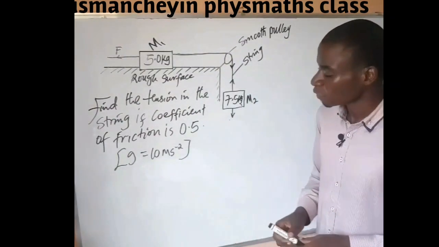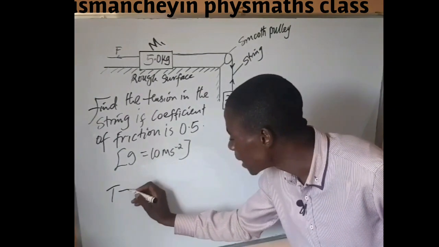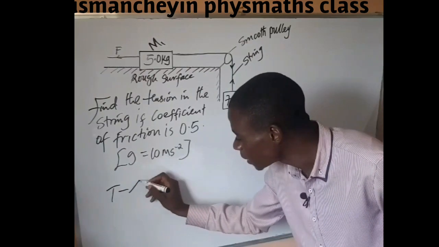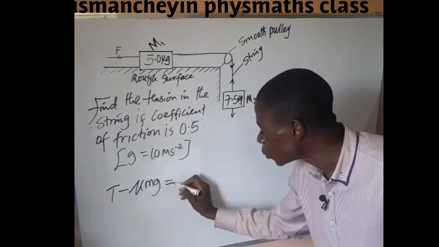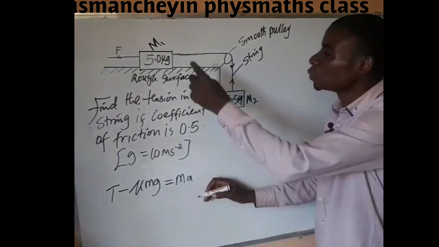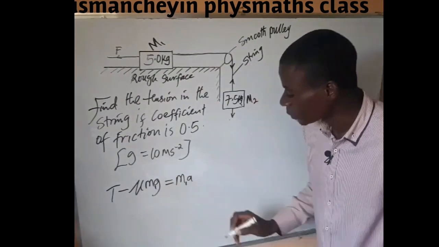The net force is the tension minus the frictional force, and the frictional force is given by mu mg, equal to ma. Remember, we're dealing with M1, so this is M1 and this is M1.